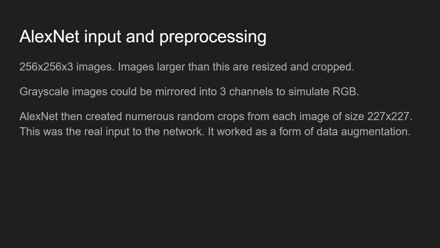And then AlexNet, previous to running it through, took numerous random crops of each image. So it would take different squares of the image of this size, and that would actually be the real input to the network. That's a kind of data augmentation. You can do it pretty easily these days, but it's a cool little point into how it worked.